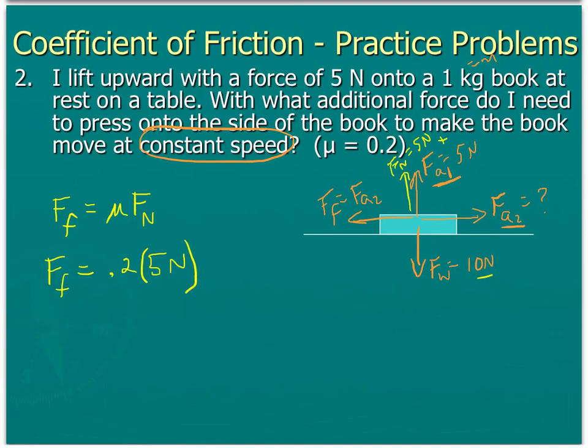So I multiply these two things together. 0.2 times 5 is going to give me a frictional force of 1 newton. Since we know that it's moving at a constant speed, that frictional force of 1 newton is also equal to whatever that applied force is that I would need to push the book with.